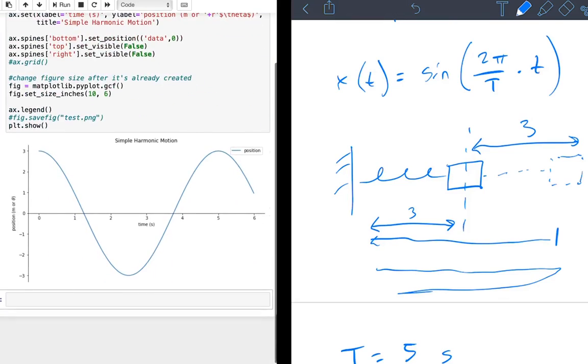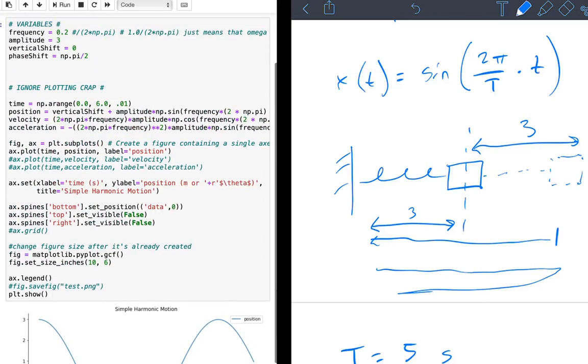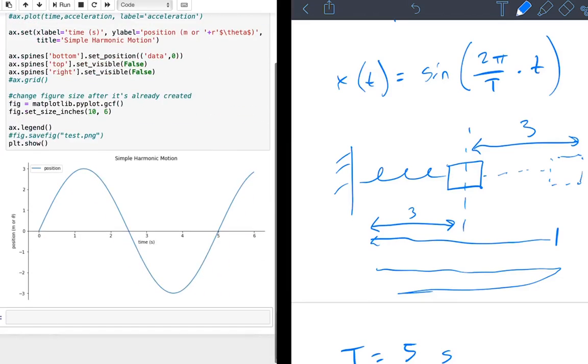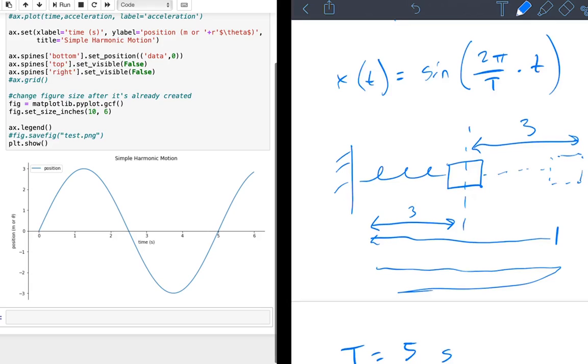And if we started timing as it crossed the equilibrium, it would look like a sine graph. Because at time 0, it'd be about the center axis, and this would be moving to the right because it's going positive, right? We would time it as it's going this way. Okay. So that's position.